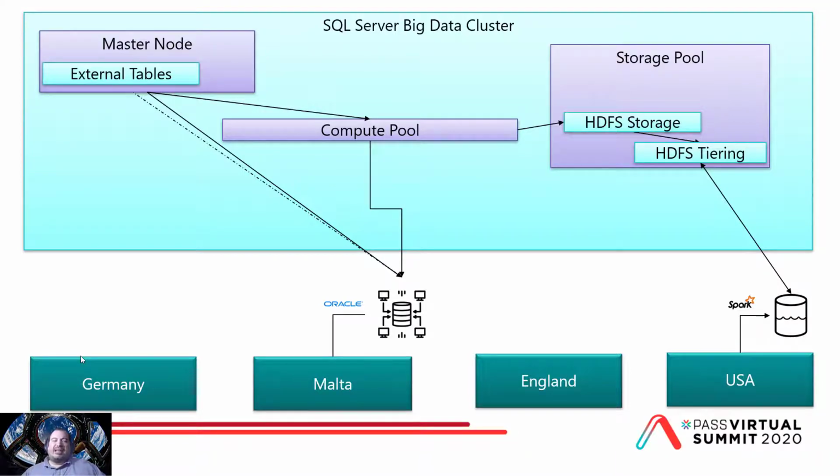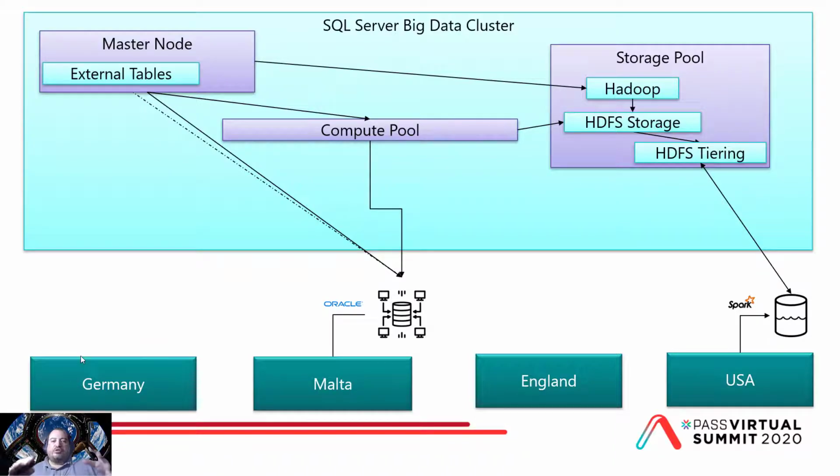But not only that, because inside the storage pool, we also have Hadoop. So the master node can choose to send a job to Hadoop, and it will be the task of Hadoop to break the job among many servers inside the storage pool and retrieve the data from the HDFS storage.